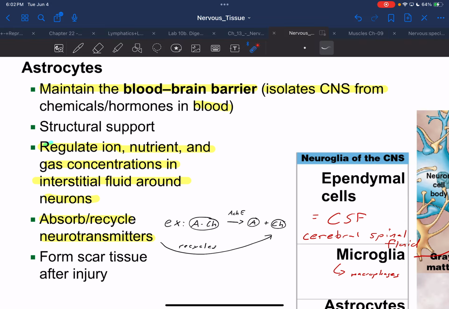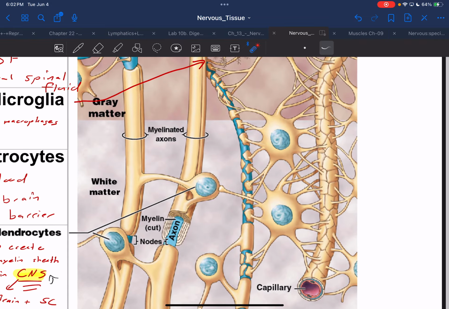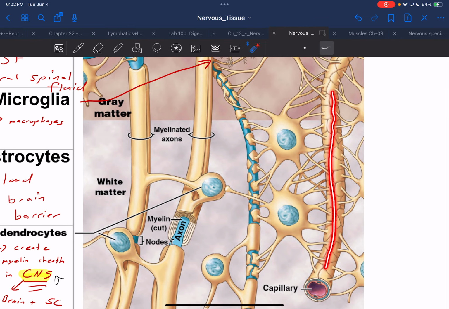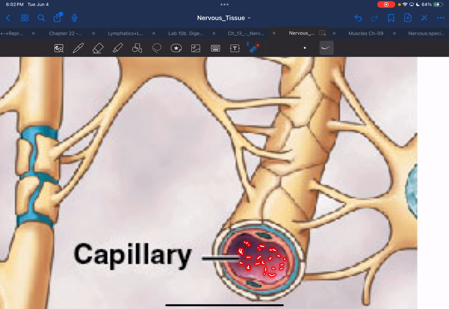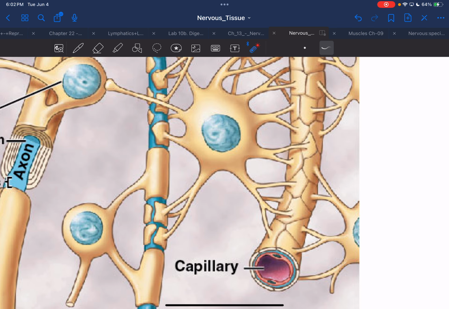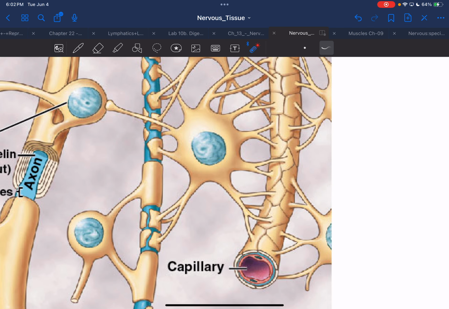Our astrocytes, you can see that they are linked to these capillaries, and these capillaries are going to contain plasma. And remember that capillaries are exchange sites. These astrocytes, you can see that the capillary is completely guarded by these astrocytes with their little leg extensions.